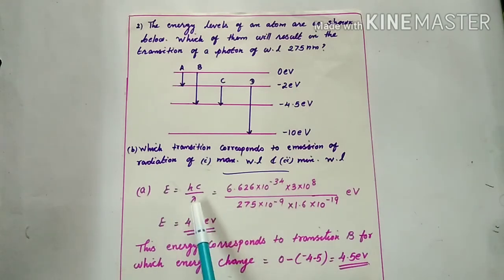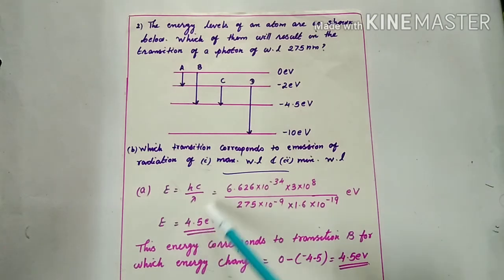Substituting the values, 6.6 into 10 raised to minus 34 into 3 into 10 raised to 8, divided by 275 into 10 raised to minus 9, and dividing by 1.6 into 10 raised to minus 19, you will get the energy in electron volt, that is 4.5 electron volt.